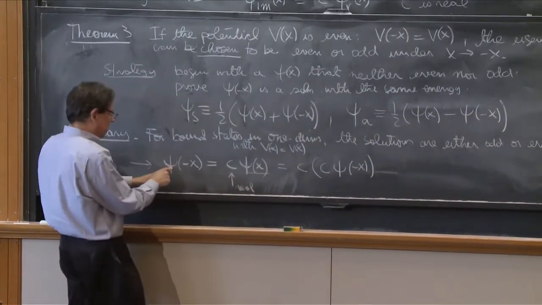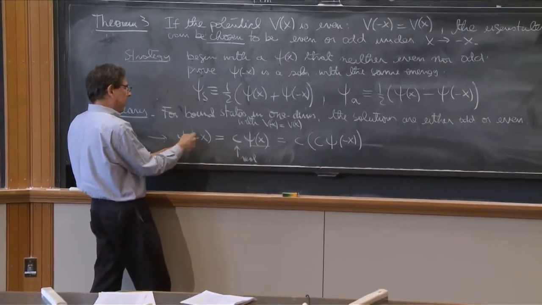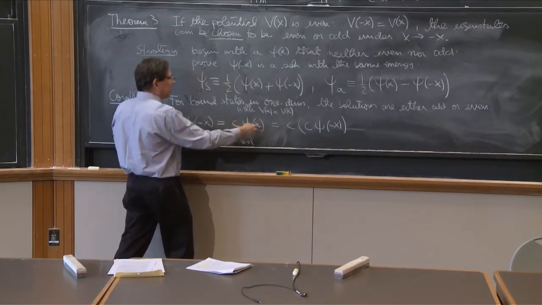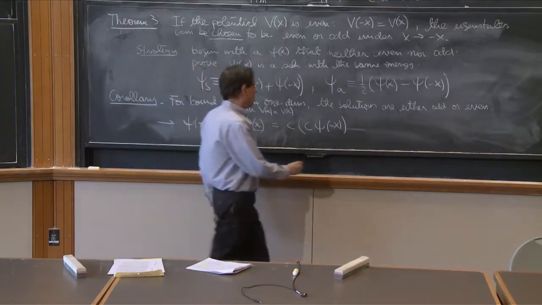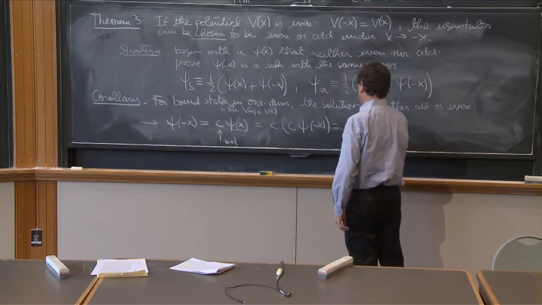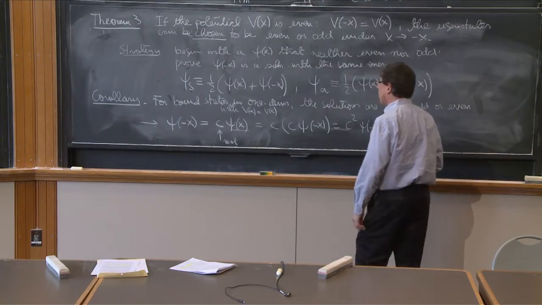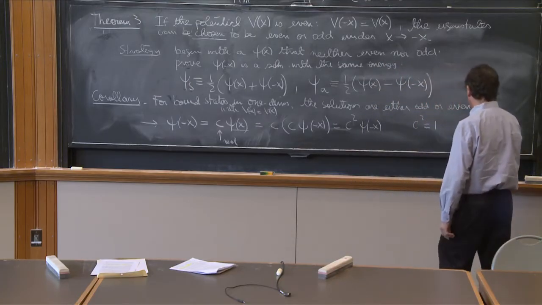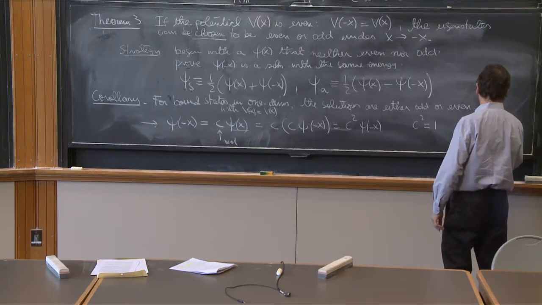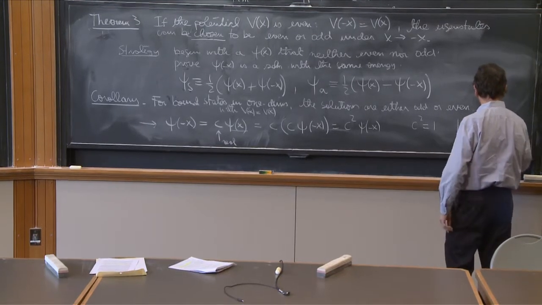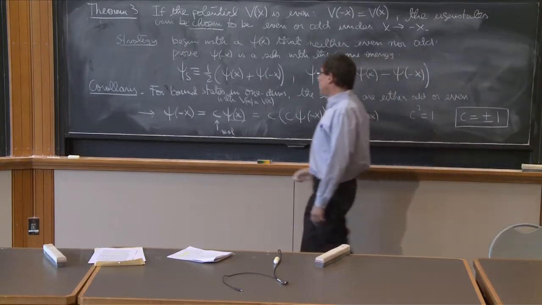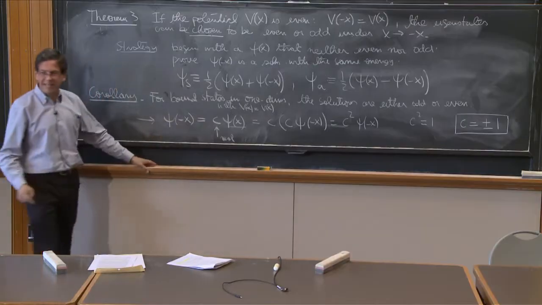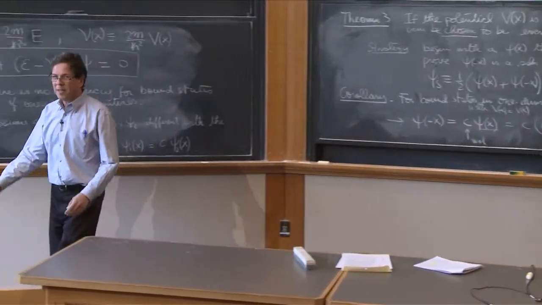Basically, what this says is that you can change the sign of the argument by putting an extra c. So you do it again. Psi of x is equal to c squared times psi of minus x. So c squared must be equal to 1, and therefore c is equal to either plus or minus 1, no other option. So the functions are either even or odd, but they can't be arbitrary.